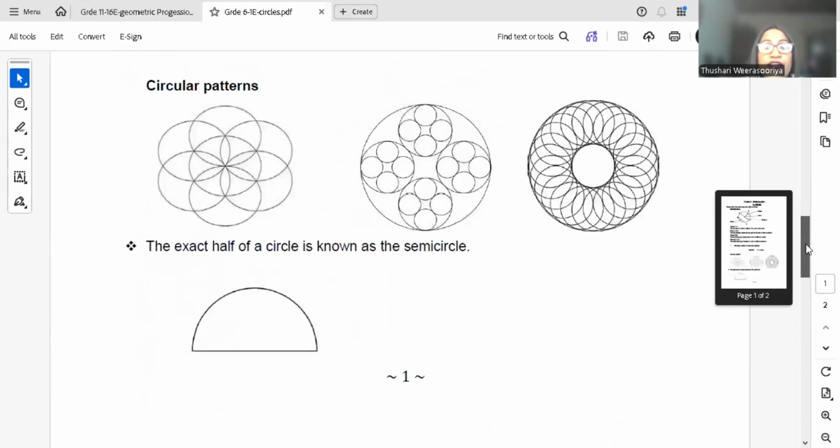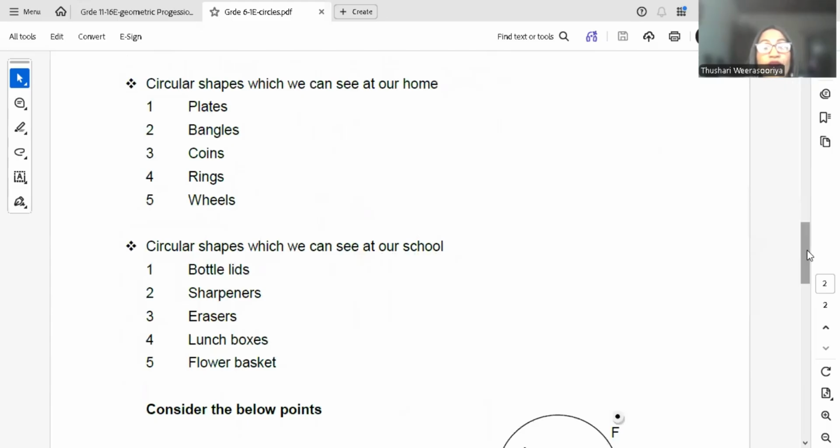Now we'll see circular shapes which we can see at our home. Sometimes in the exam they will ask. Plates are circular, bangles, your mother wearing bangles, coins, rings, wheels of a vehicle. At home we can see a lot of circular shapes, a clock.